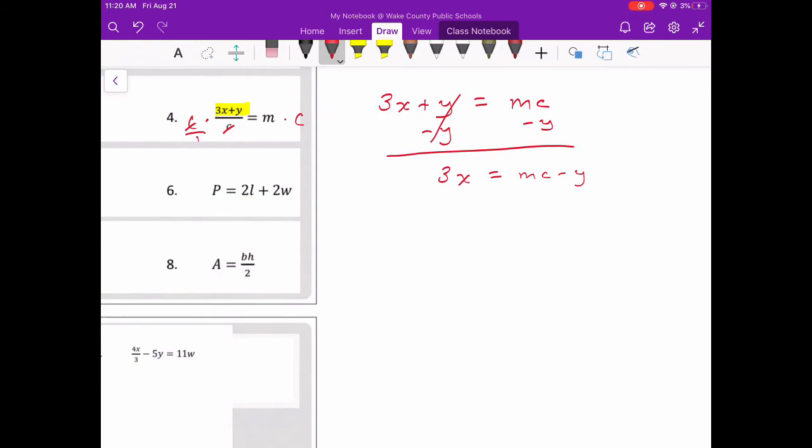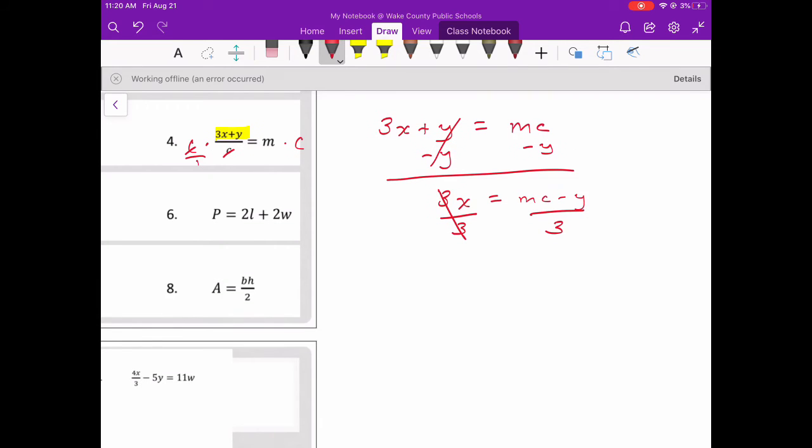So 3x is multiply, so I need to divide both sides by 3. Now these 3's cancel out because 3 divided by 3 is 1, and 1 times x is just x. And because I don't know what m, c, or y is, I can't divide. So I'm just going to have to be satisfied with this expression, mc minus y over 3.